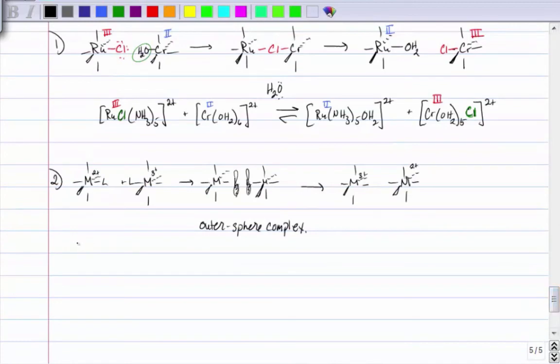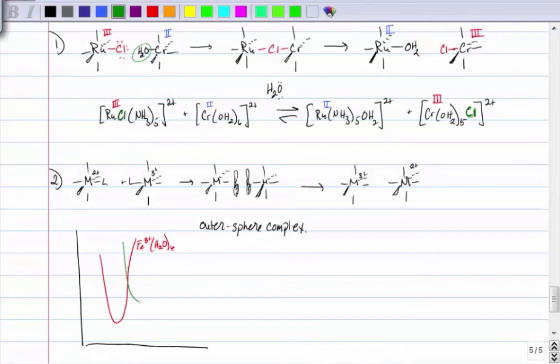This type of electron transfer is defined by something called Marcus theory. Do you guys talk about Marcus theory in physics? No. Okay. So you know potential energy wells, right? So if this was a potential energy well for, let's say, an iron 3 plus with 6 waters around it, and the iron 3 plus is more stable than iron 2 plus.